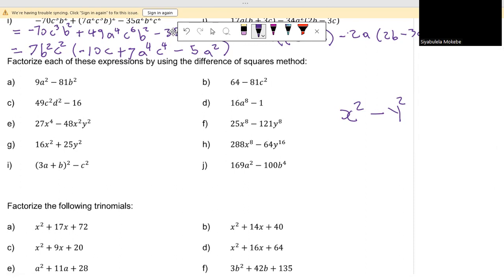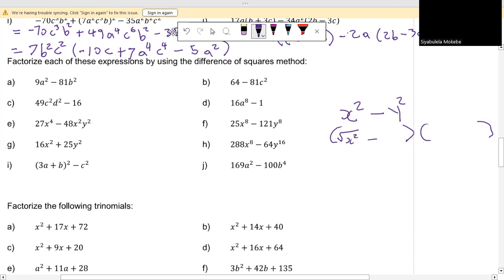So when you factorize difference of squares, you take the square root of the first term, then the square root of the second term, then the square root of the first term, and the square root of the second term. Notice that the brackets will have alternating signs. So if you have negative, that's going to be positive.